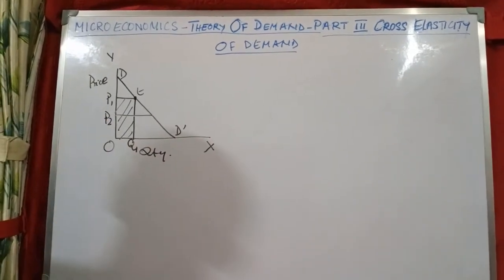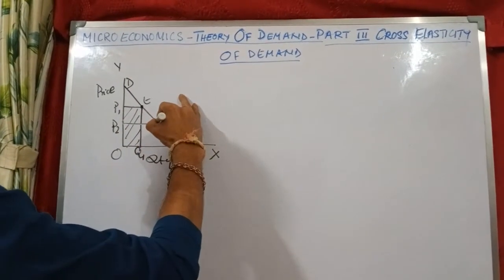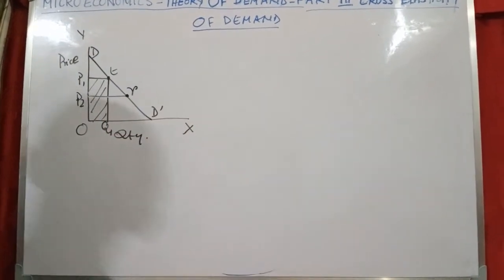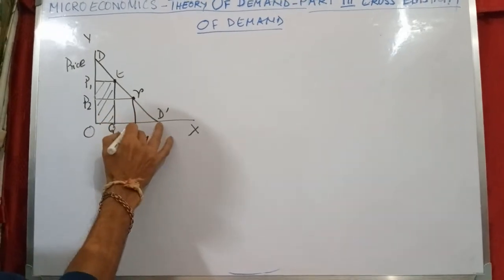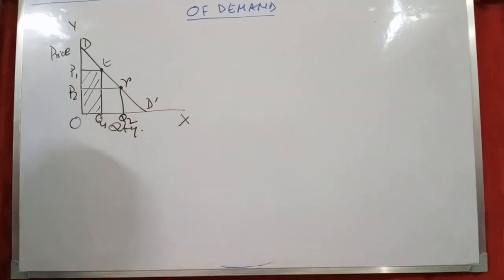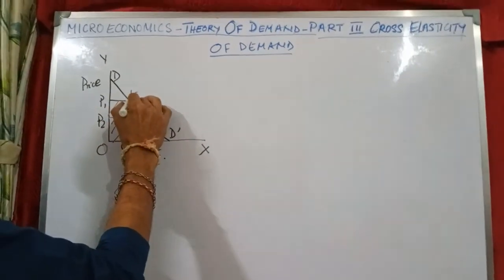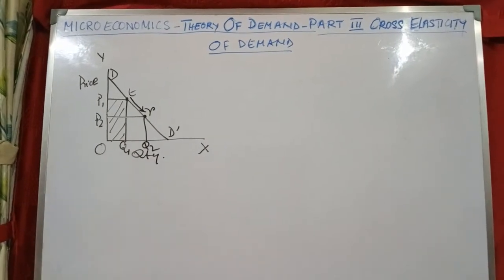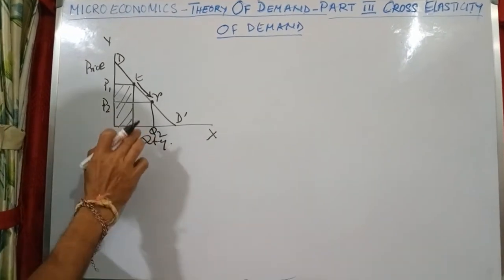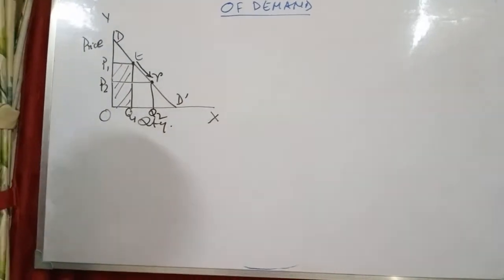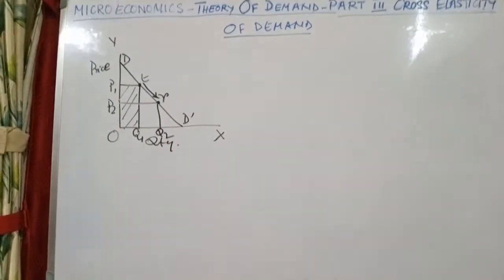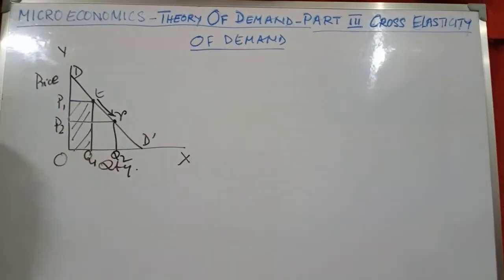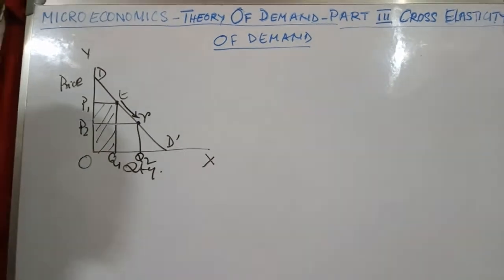So when price falls to P2, the consumer is shifting to say point R and he is consuming say OQ2 units. So the consumer has moved down the demand curve from point T to point R. And here at point R, the consumer is maximizing his satisfaction by consuming OQ2 units at OP2 price per unit.